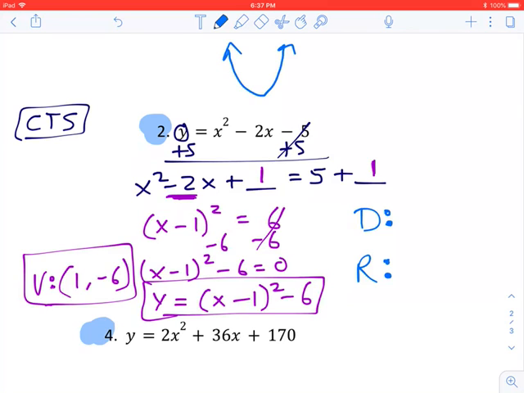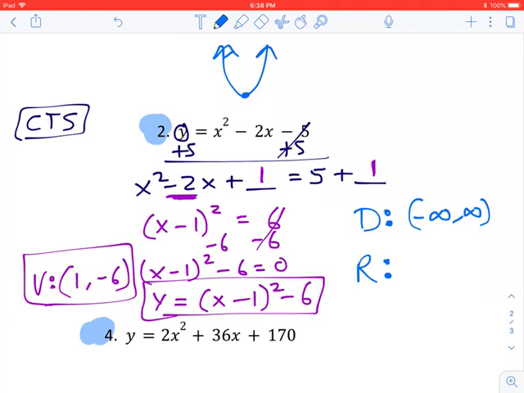Since this is a positive a in front, we would have a positive, going up U-shape. The domain doesn't really change much. We've talked about that already. But the range, since it's an up-pointing parabola, that vertex is going to be the bottom of the U-shape.